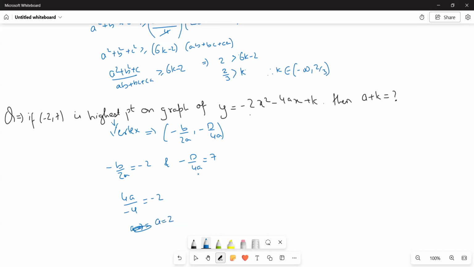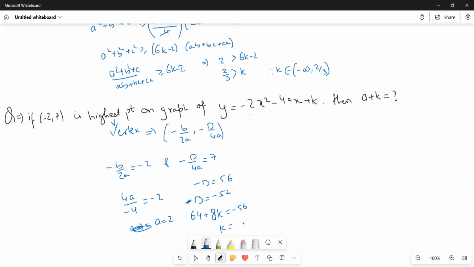And the value of minus d by 4a is 7, so minus d is 56 and d would be b squared, so d is minus 56, and 4a is 16a squared, 16 into 4 is 64. Minus 4k and a is minus 2, so plus 8k is minus 56.